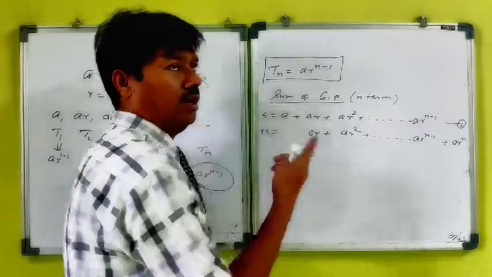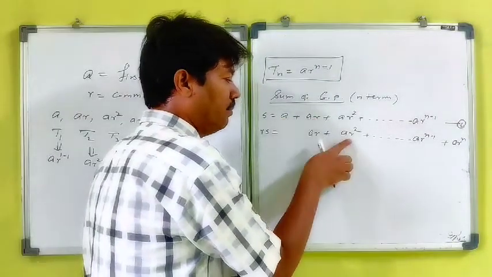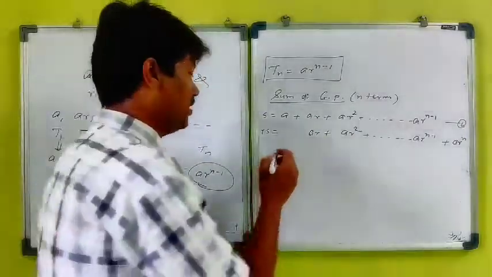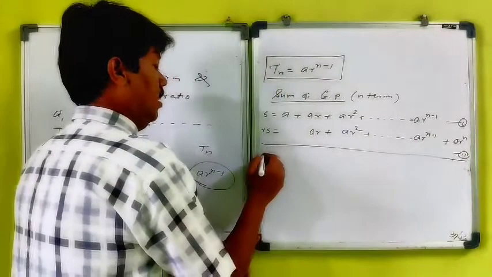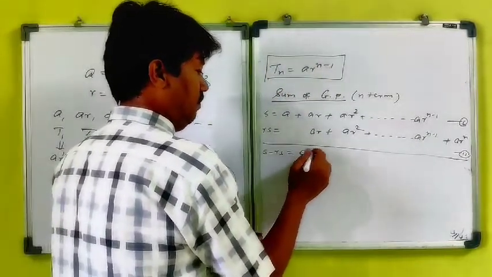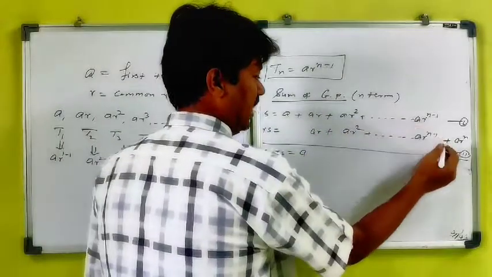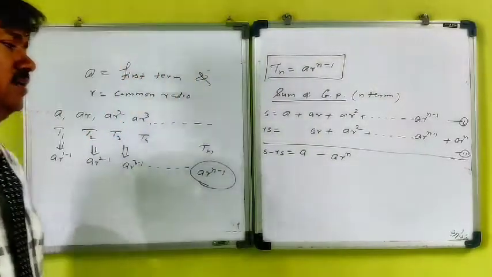Now we subtract these two. If you subtract, what happens? S minus RS is equal to what? A will remain, the middle terms cancel, and minus A R raised to n will remain.